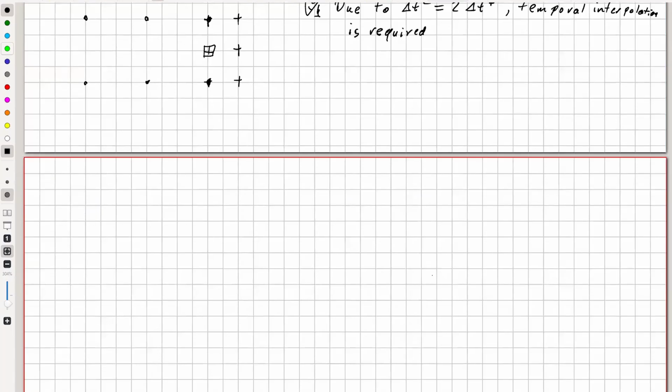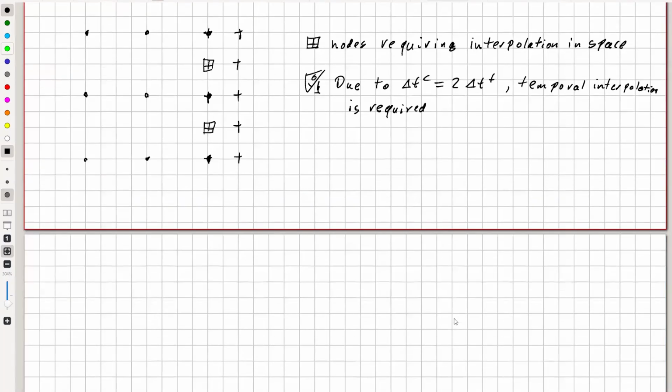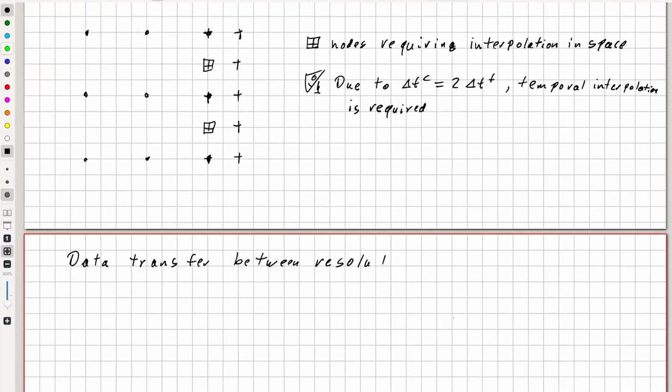So, what we need is to have a data transfer between the resolutions, I mean between fine and coarse grids.